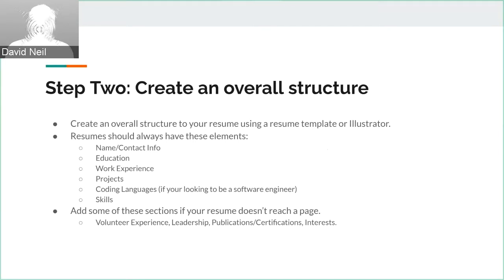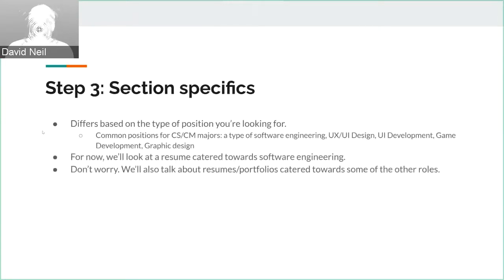And just overall interests. Some recruiters like to know that you're human. That's kind of a rare quality in tech sometimes. So yeah, let's get into section specifics. Let me pull up my resume from last year.